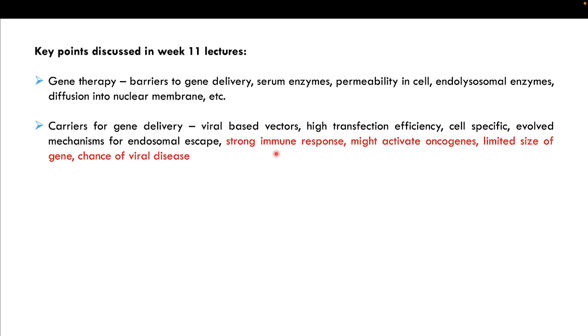This is the viral based vectors. So viruses, we all know, are trained through a lot of evolution to infect particular cells. So if you want to deliver a gene to a human, you can take human viruses which infect humans, which are very good at infecting human cells.